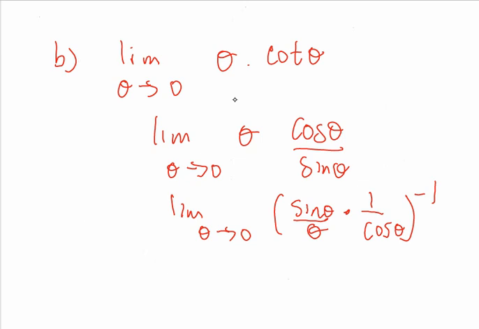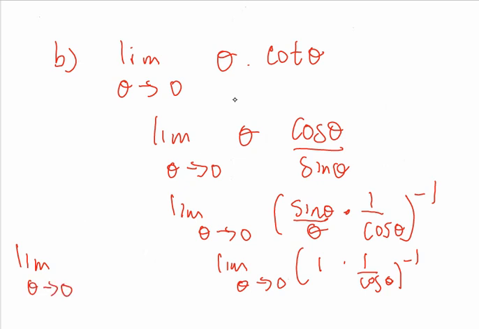So now we are left to simplify this part. This part is 1, and this part is 1 over cos theta to the negative 1. If we operate this using the power of negative, it's the same thing as the limit as theta approaches 0 of cos theta.